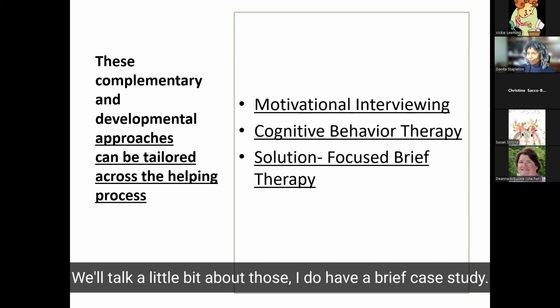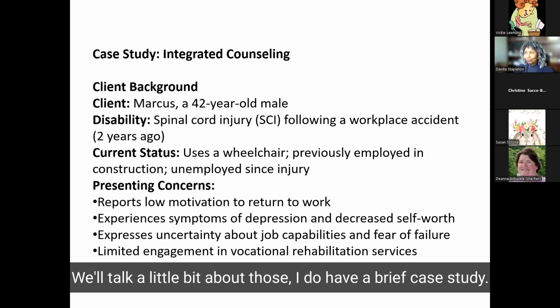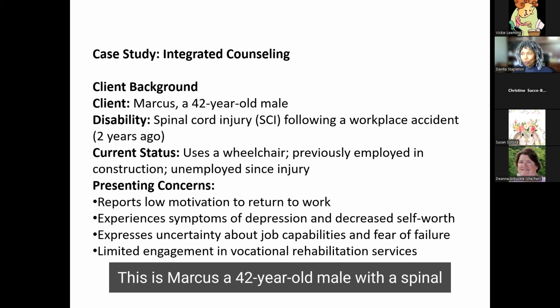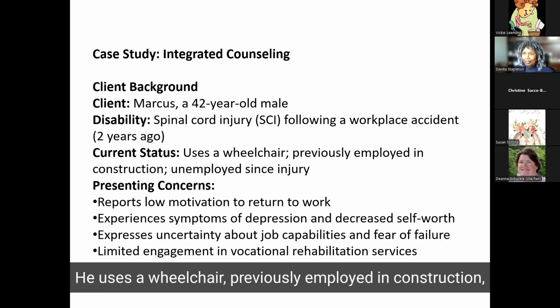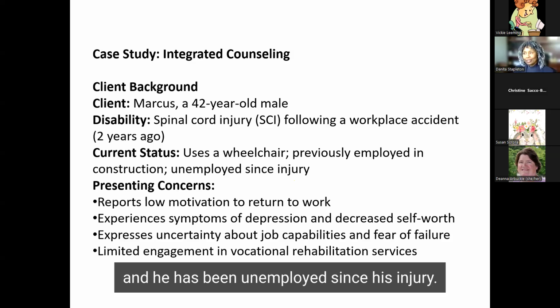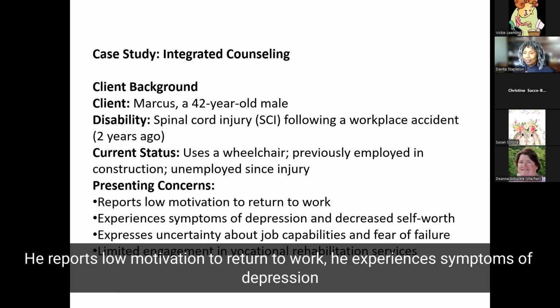I do have a brief case study. This is Marcus, a 42-year-old male with a spinal cord injury following a workplace accident. He uses a wheelchair, previously employed in construction, and he has been unemployed since his injury. He reports low motivation to return to work.